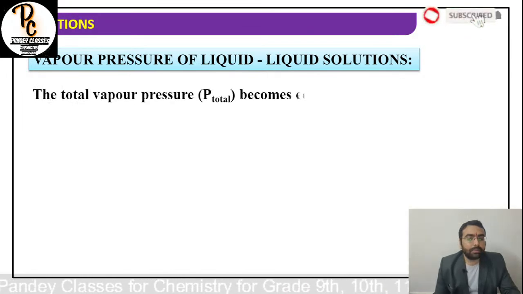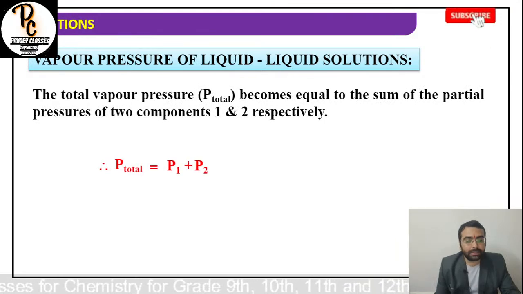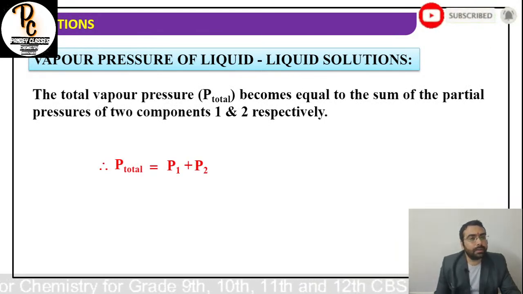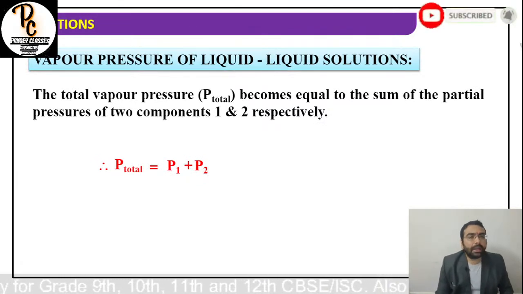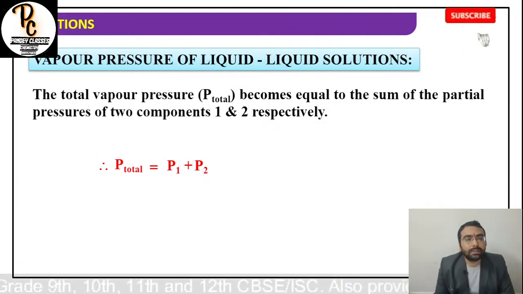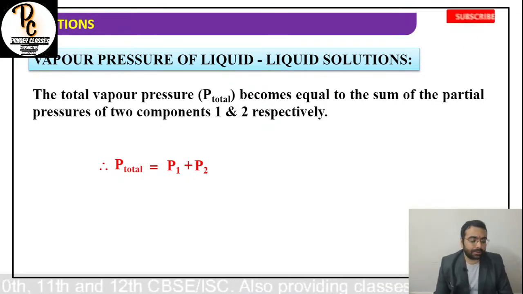So the total vapor pressure, P total, equals P1 plus P2. And which law have we applied here? This we call Dalton's law of partial pressure.